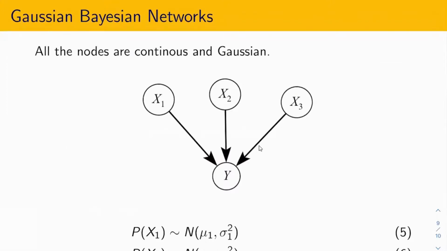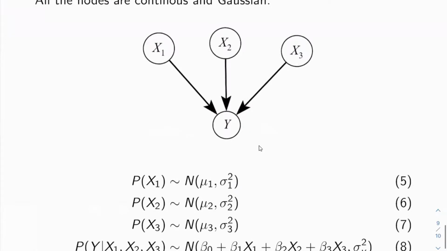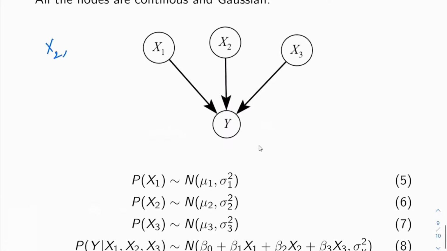All right. So by now, we have a good understanding of the Bayesian network. See that we have a directed graph. Y is continuous, X1, X2, and X3 are continuous because they're Gaussian. So what does it mean? It means that X1, X2, X3, none of them have a parent. They are root nodes. All right, good.